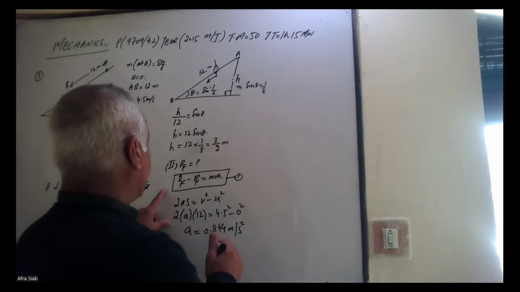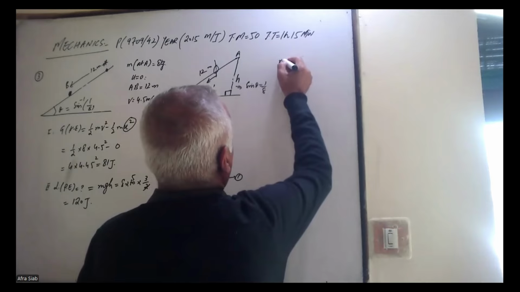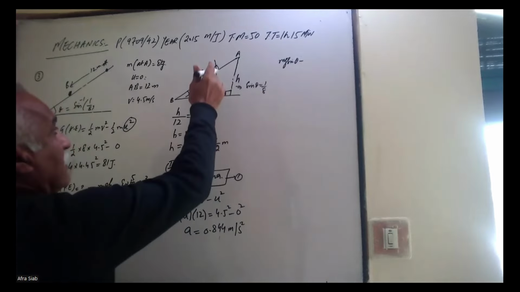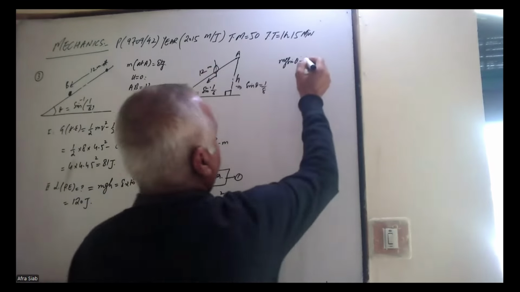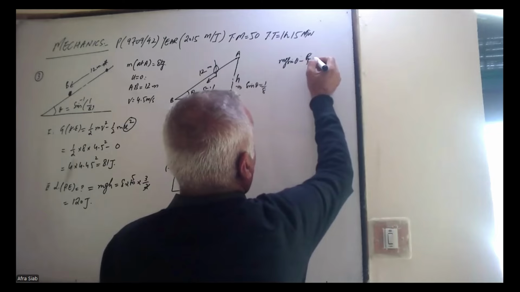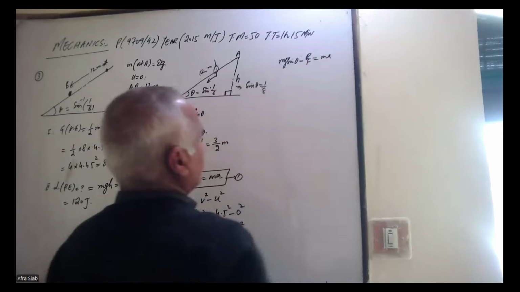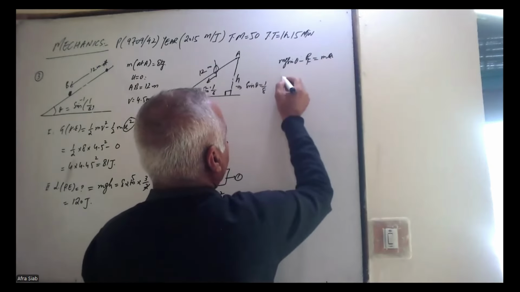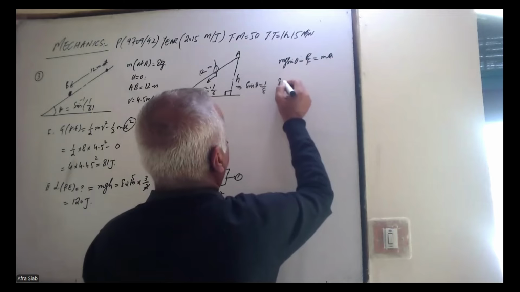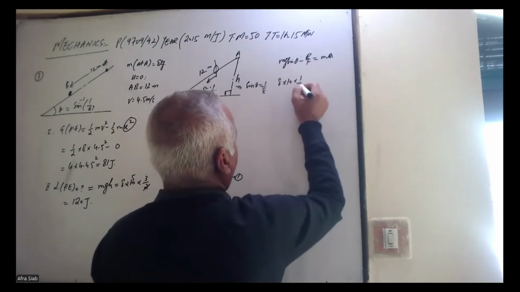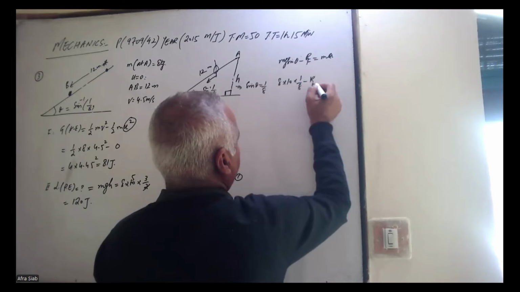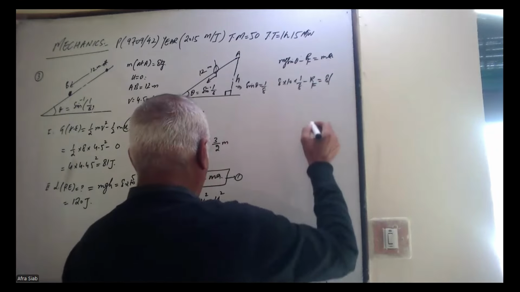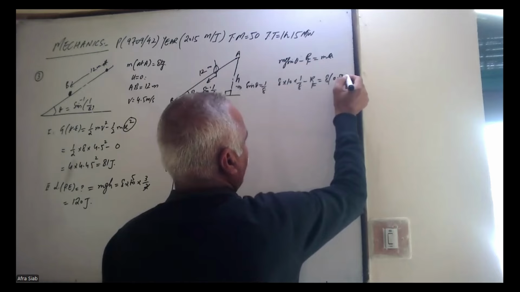Now, driving force is basically mg sine theta, because that is the driving force acting on that particle there, minus the resistive force, we are going to calculate it now, is equal to mass into this acceleration a there. So m is there 8, g is there 10, sine theta is 1 over 8, minus resistive force as it is, we are going to calculate. Mass of that particle is 8 and acceleration is equal to 0.844.